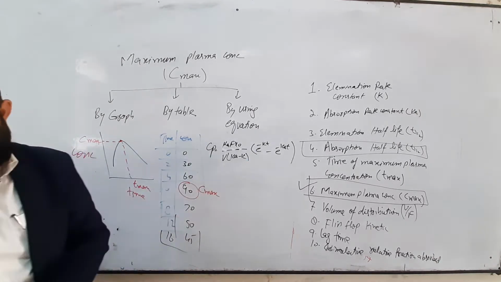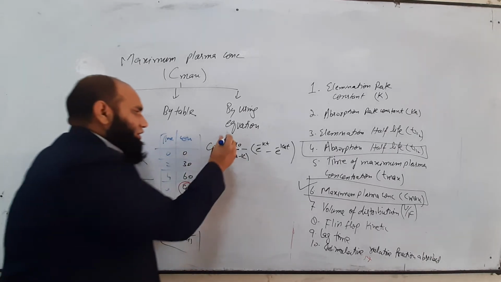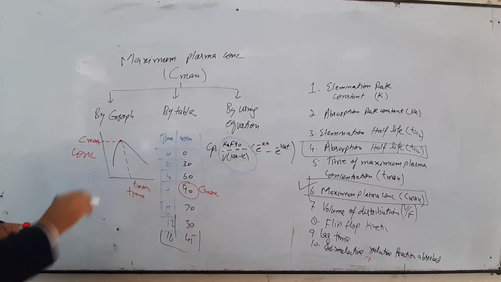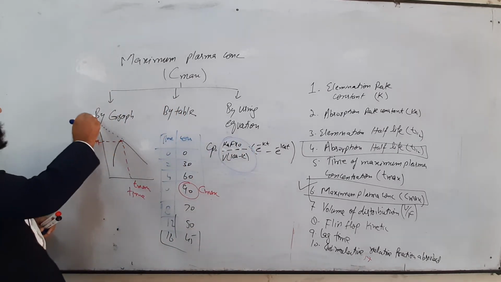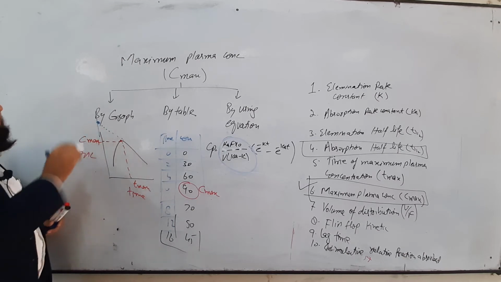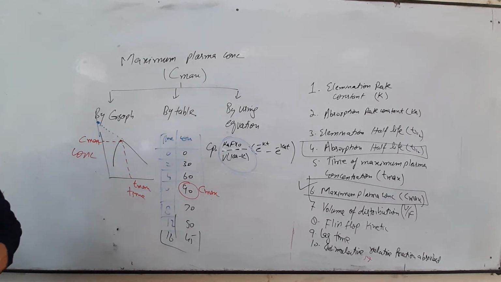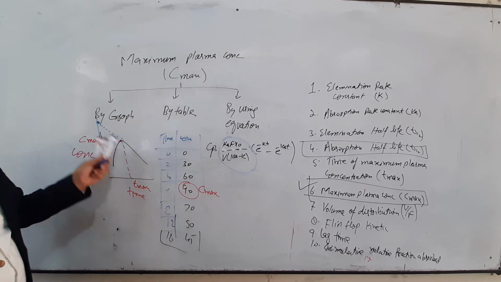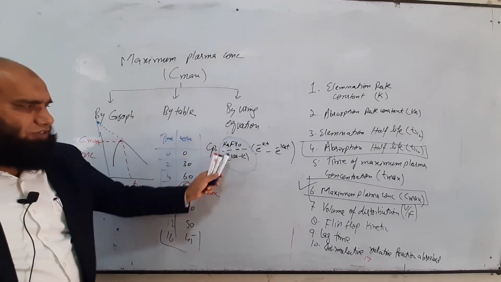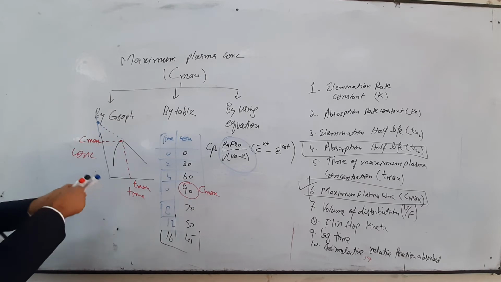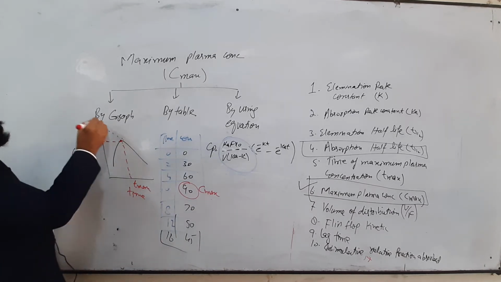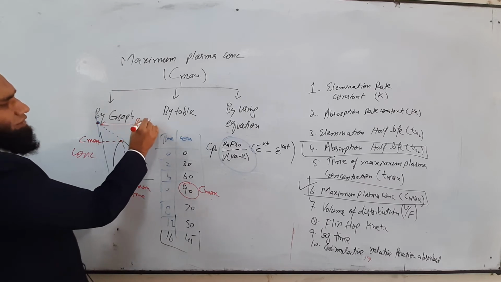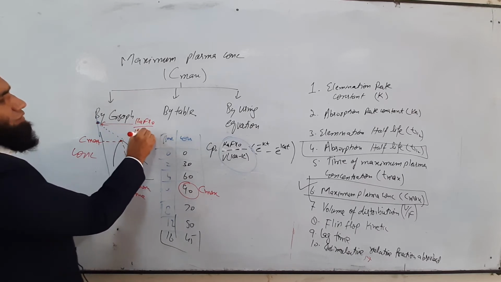Remember, this complex can be solved very simply. How? We will take the extrapolation of this, and in our IV injections, we said this point is Cp naught, and here we say this intercept is equal to Ka F X naught over V into Ka minus K. It means this intercept is Ka F X naught over V into Ka minus K.